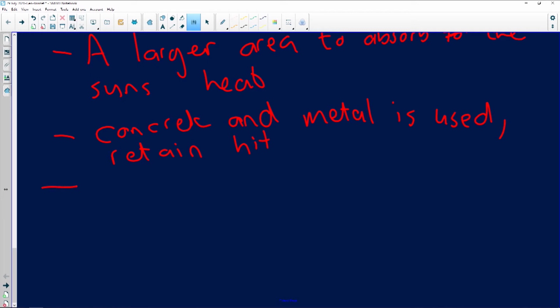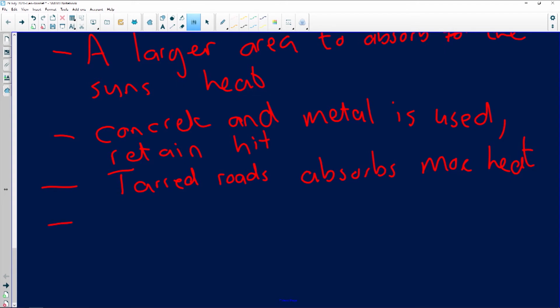I've mentioned it, the tar roads absorb more heat. I've mentioned it in the previous question, reflection, for instance glass and mirror images.